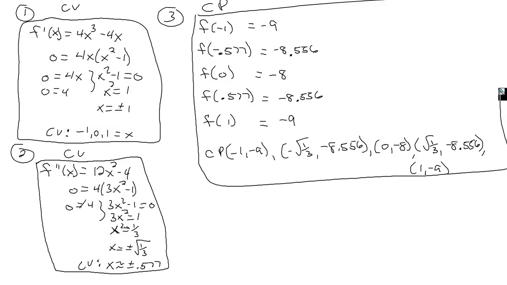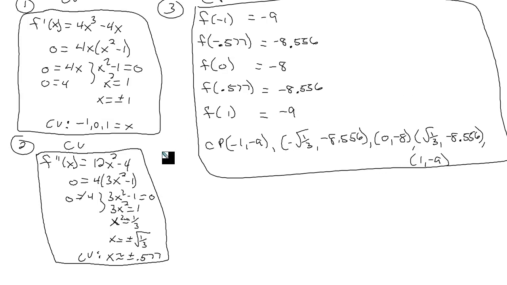Now, unfortunately, we got to figure out what each of these are. So there's a lot of things to put into our calculator. I need to pick different test points. Let's put this on a number line here.